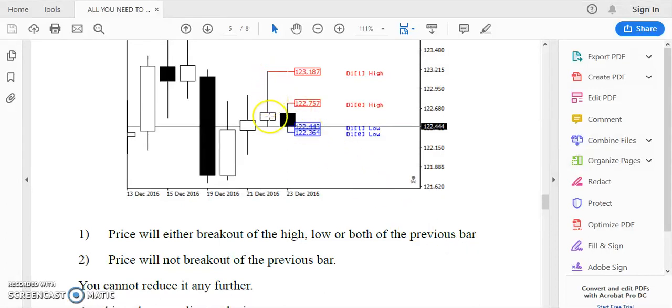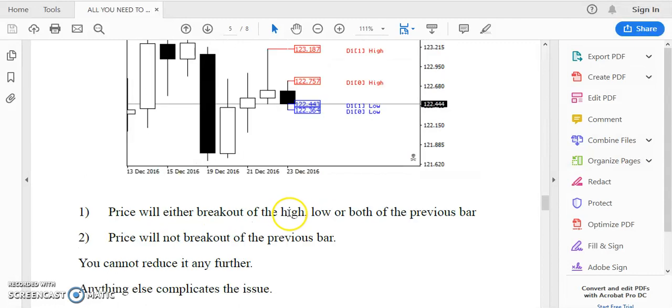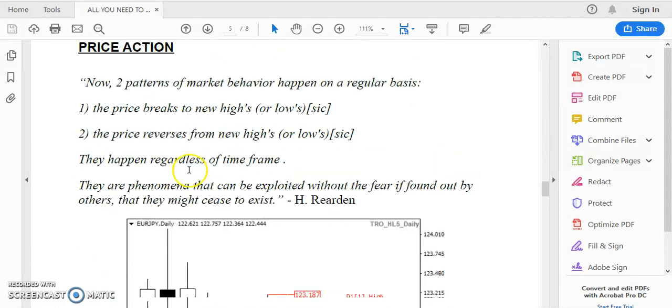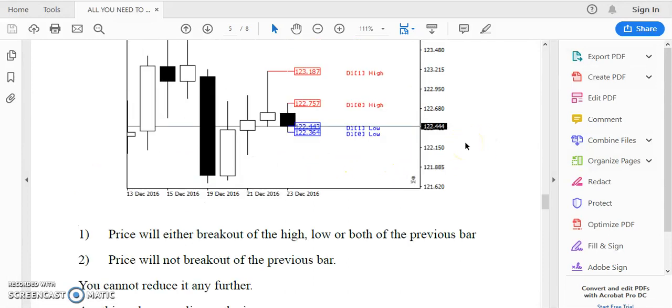So you can see, here's the previous bar, here's the previous bar's low, and here's the current bar low. So price broke out. And you see, you cannot reduce this any further. This is price action.